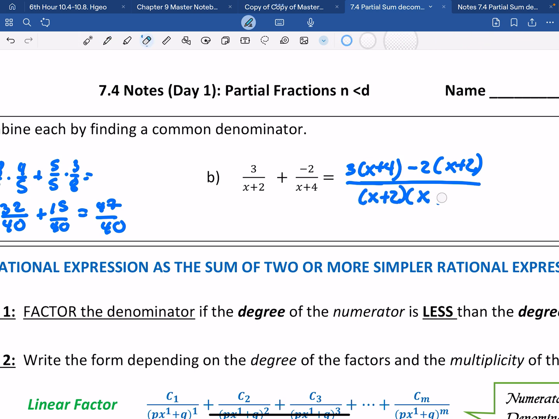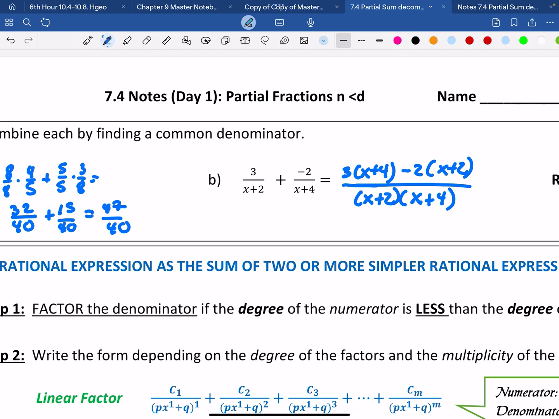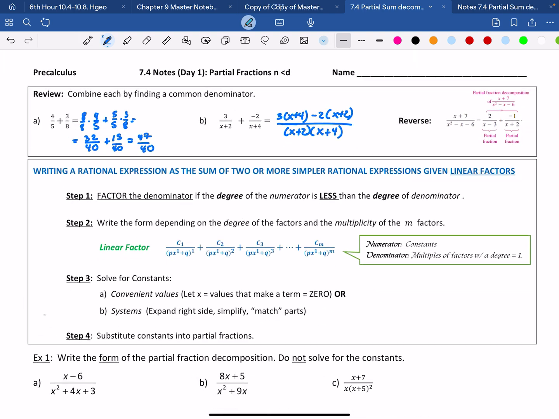We did a little bit of that in the last chapter with common denominators. This would be simplified together; you would distribute, and we're not too worried about that.